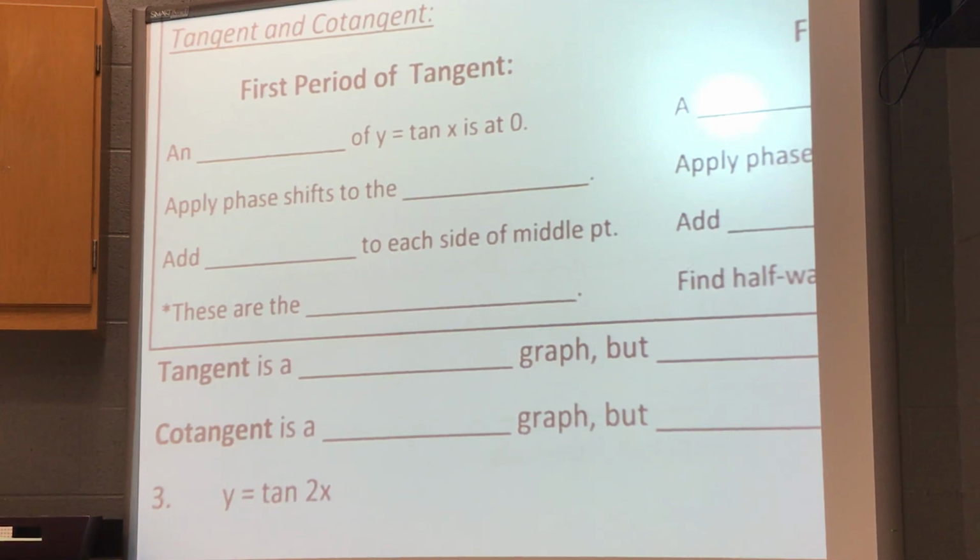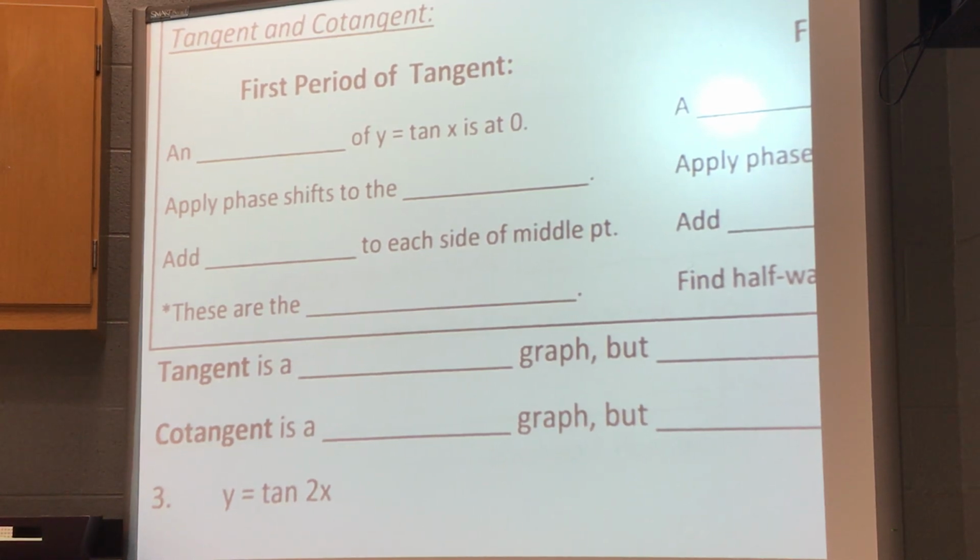All right, so we're going to start with the first period of tangent. And it is definitely the oddball compared to the rest of them. On all of the other trig functions, the starting point is 0. That's the beginning of the period. Tangent works out just a little bit differently.